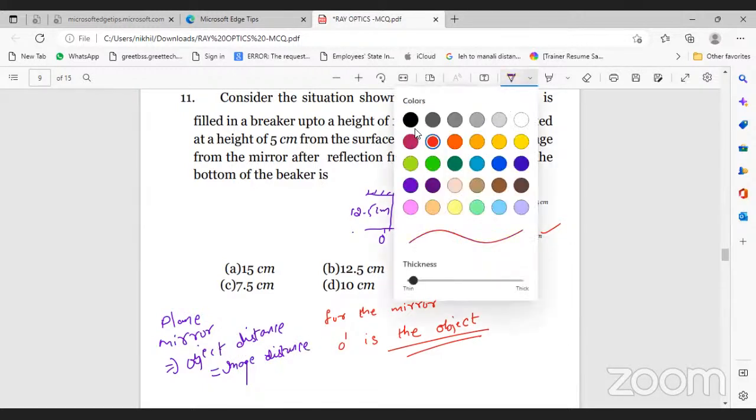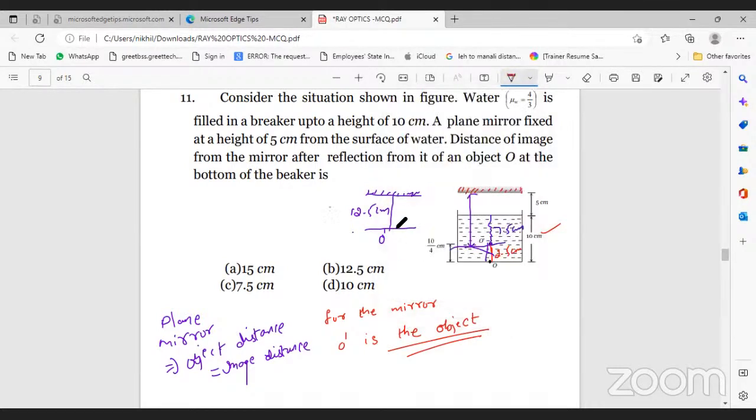If the mirror to object is 12.5, then from the mirror to the image it should be the same, because for a plane mirror, object distance and image distance must be the same. So which is the right option? Option B, 12.5 centimeter. Also please remember, for a plane mirror, the image will always be behind the mirror.